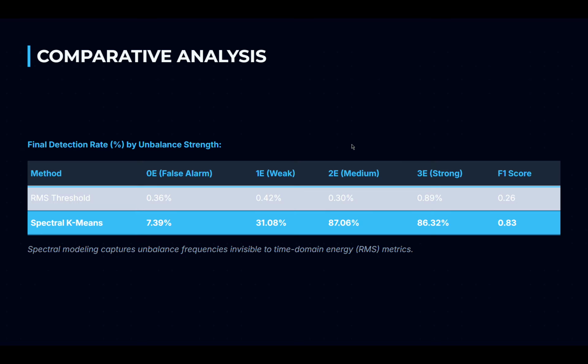I mean, not perfect, but when it's a strong signal, it was correct about 86% of the time. And that's because it captures frequency shifts that are invisible to RMS, which is basically a simple time-based energy metric.